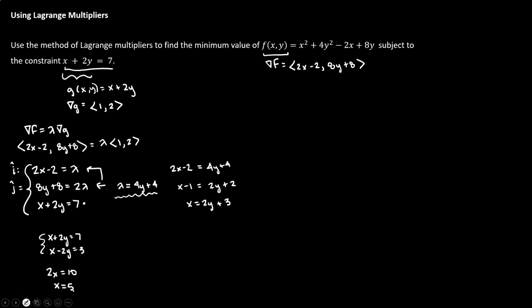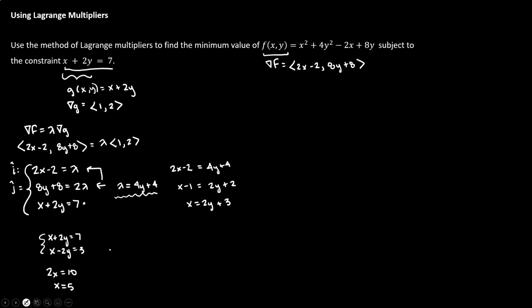Now that we have this value for x, we can try to find what y would have to be. Now be careful, if you substitute this back into the wrong equation, you're maybe going to find something that depends on lambda. But if you substitute this into the third equation, you will find something that only depends on x and y.